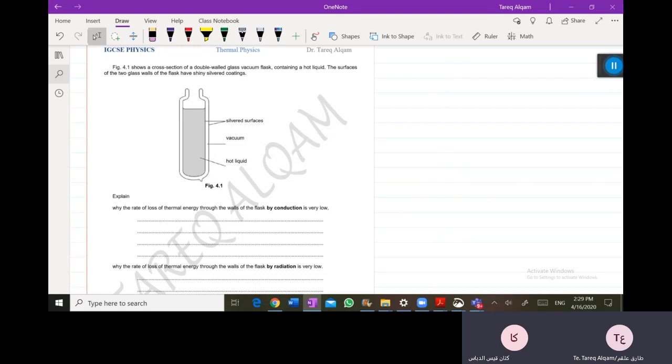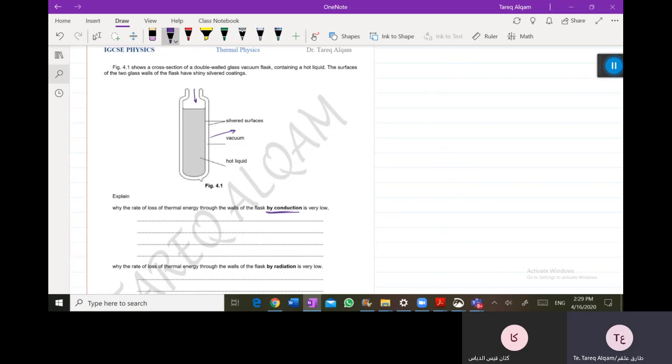So what are the properties here? Do you remember, here we have an air gap. Here we have a vacuum between the double wall glass, right? It's painted silver. The point is to prevent conduction.